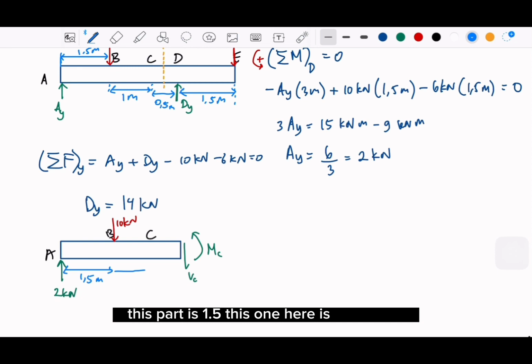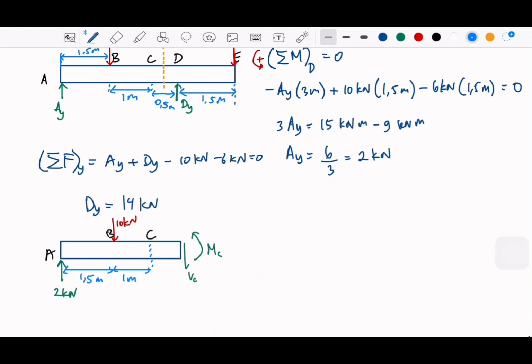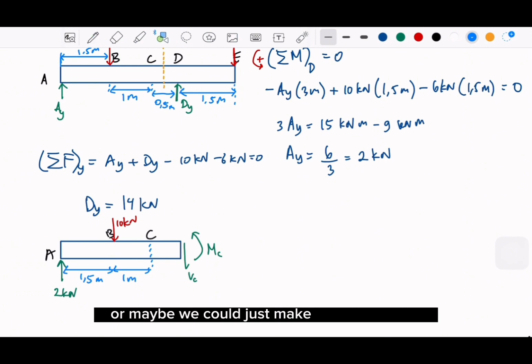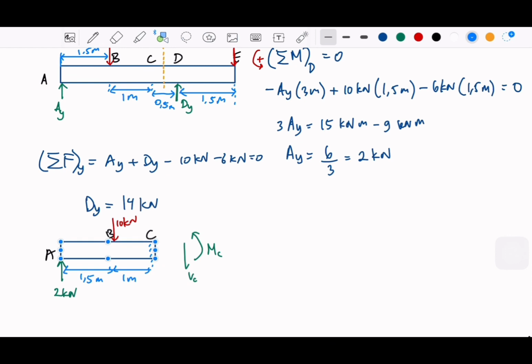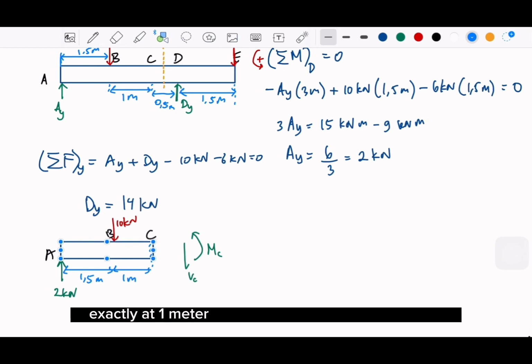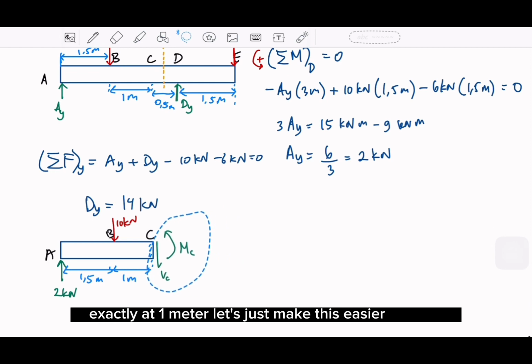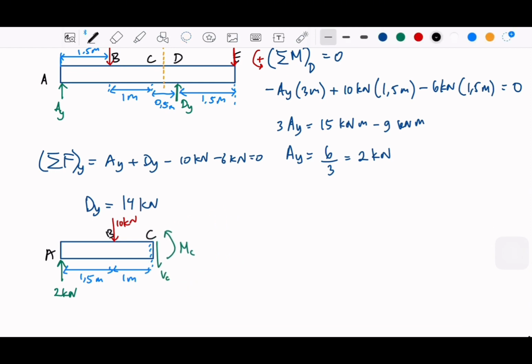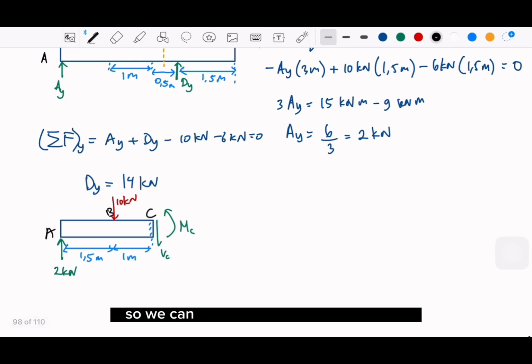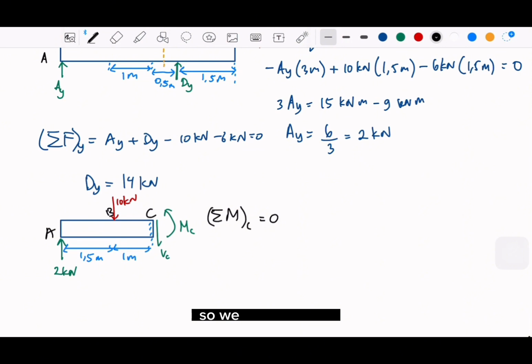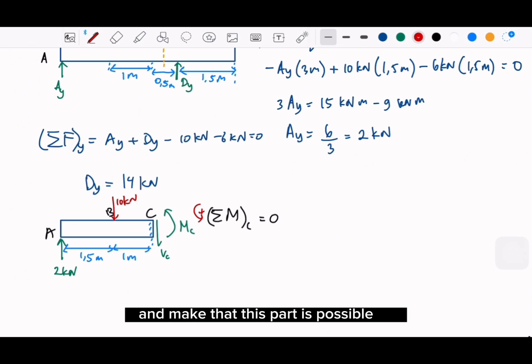This part is 1.5. This one here is 1 meter. Or maybe we could just make this part exactly at 1 meter, to make this easier to solve. So we can take the moment at C equals 0, making this part positive.